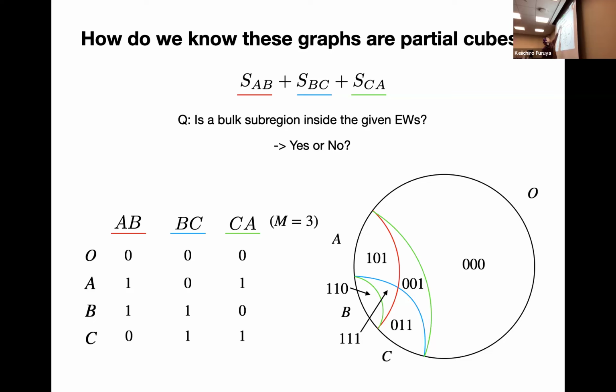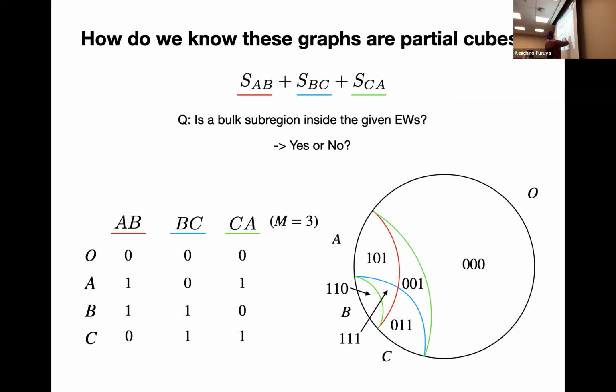So here we have three entanglement wedges, three RT surfaces. I list AB, BC, CA.